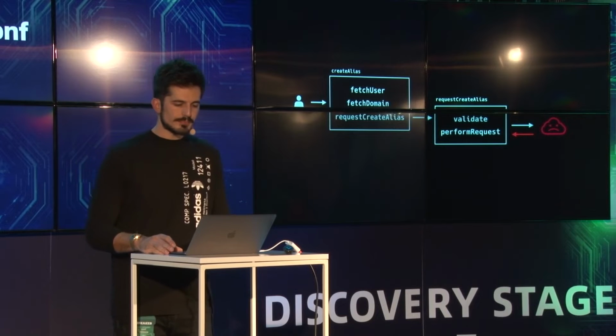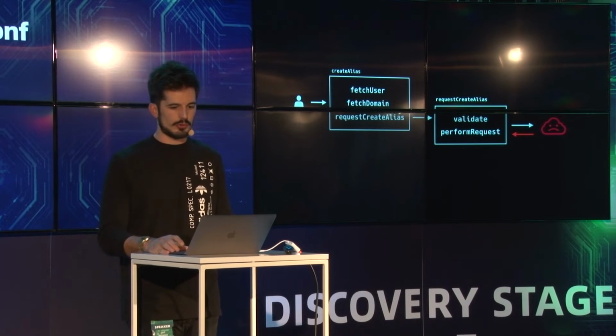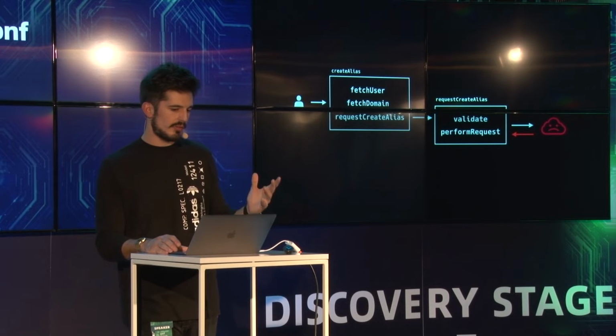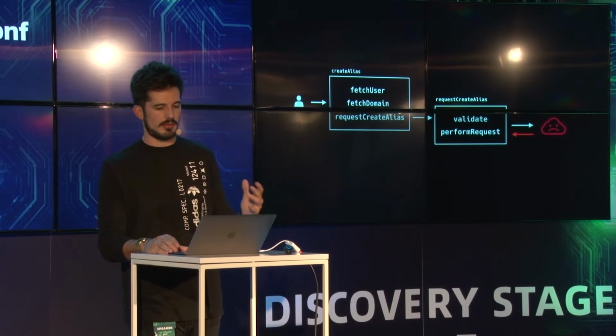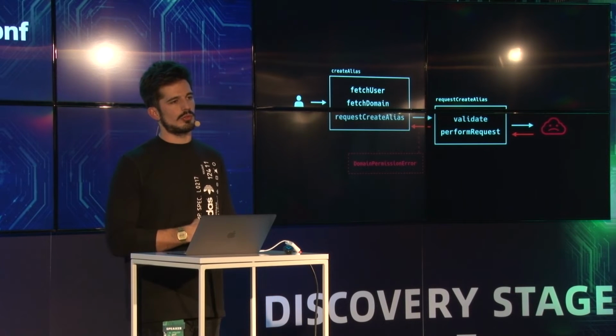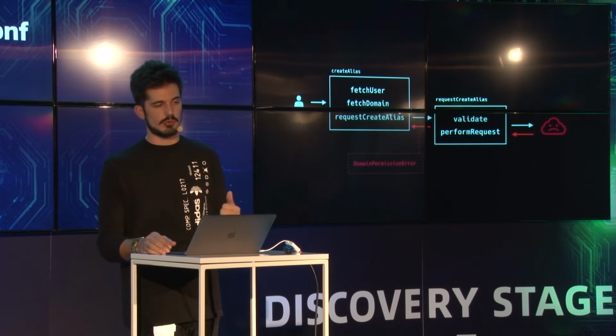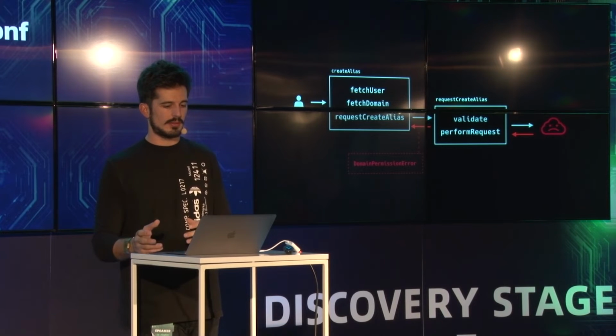But also, our own functions are going to return errors or throw errors or whatever. So when you add a new error, for example, let's say that requestCreateAlias can now return a domain permissions error, the consumer function, which in this case is createAlias, should be aware of that.